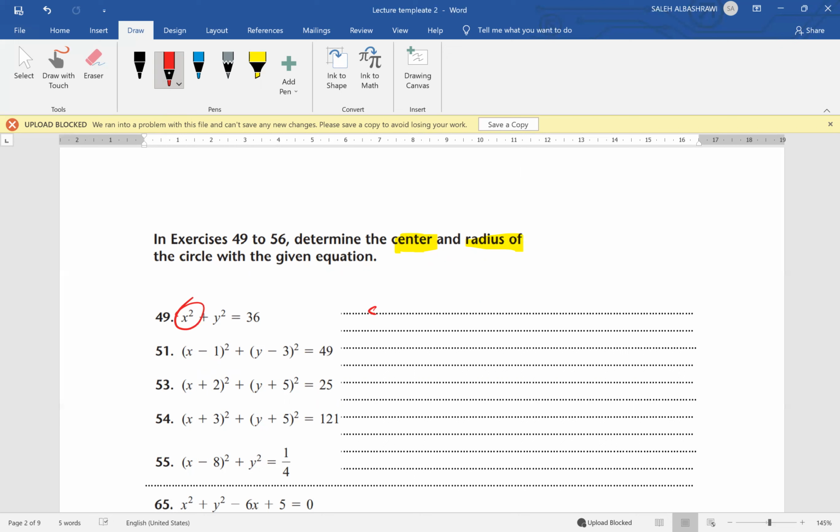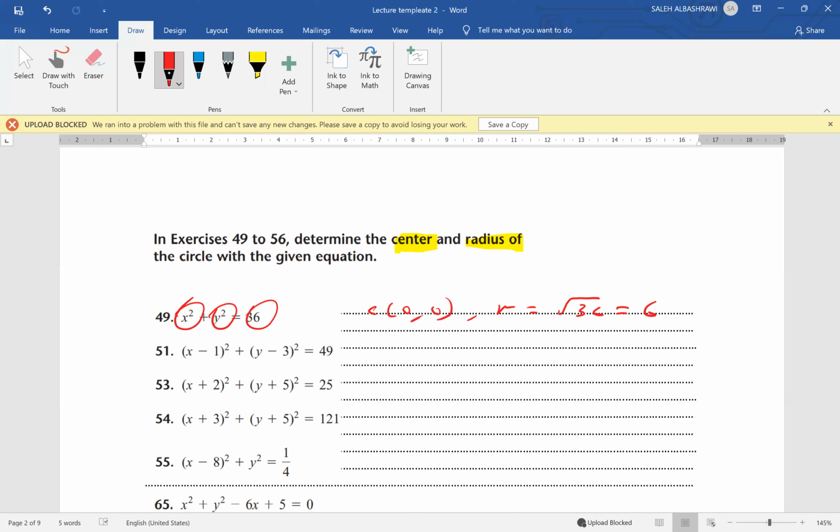If there is nothing with the x squared, it means it is 0. And nothing with y, so it is 0. So center is equal to 0 and 0. That is the origin point. And r equal to square root of 36. That will be 6. So the radius for this circle equal to 6.